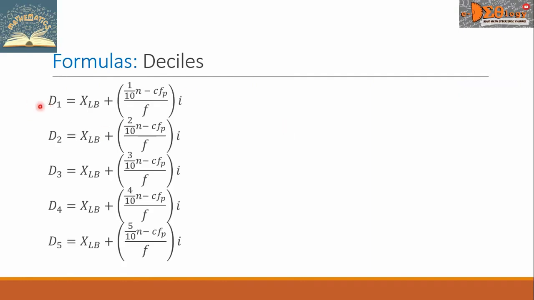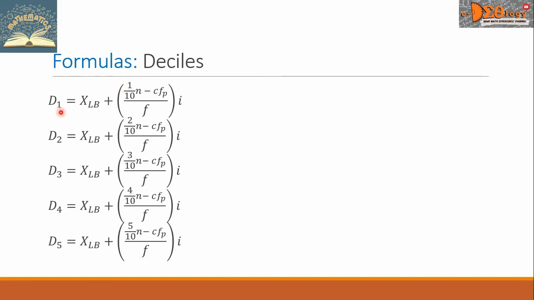Here are the formulas for d sub 1, d sub 2, d sub 3, d sub 4, and d sub 5 respectively. I hope you can see the pattern here. This is much the same way as the formula for the median. The only difference is this portion here.